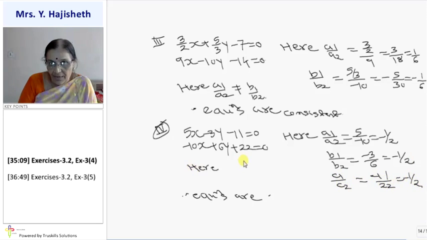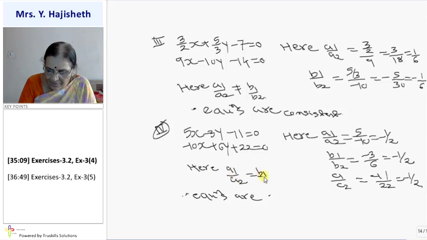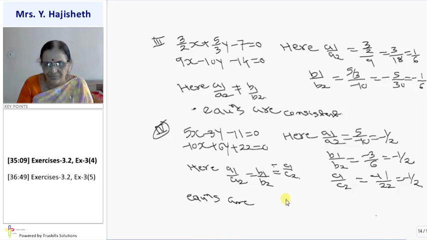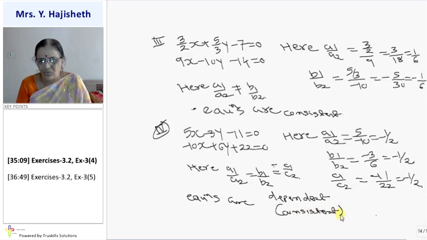So here A1 by A2 is equal to B1 by B2 is equal to C1 by C2, right? Therefore, the equations are dependent, that is consistent.